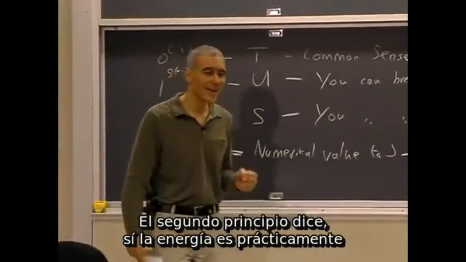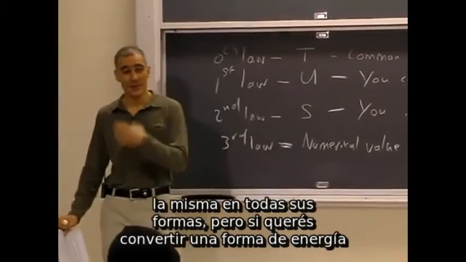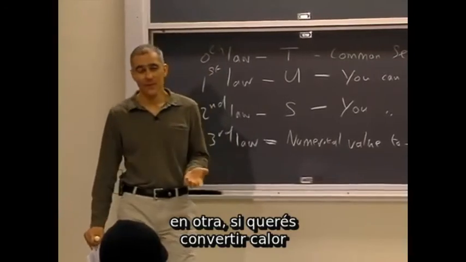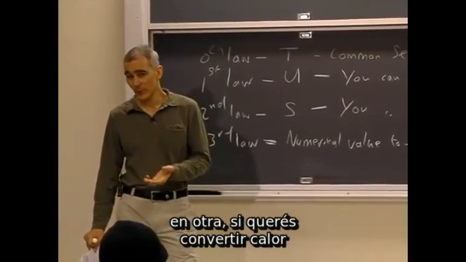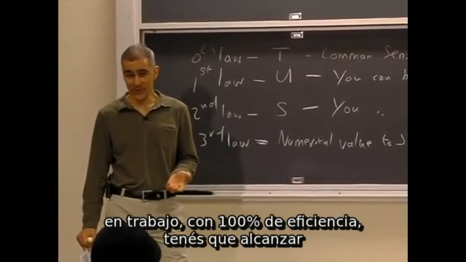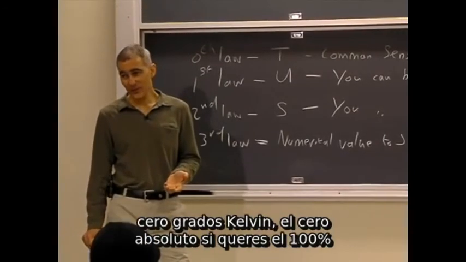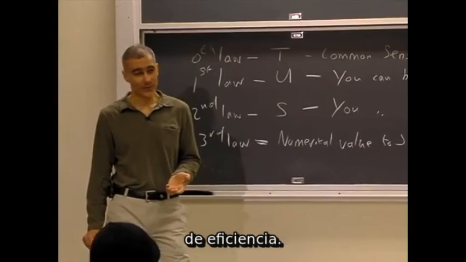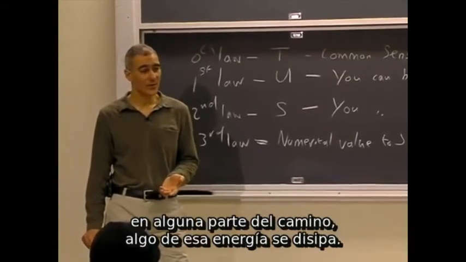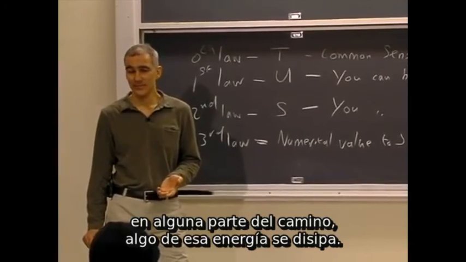The second law says, yeah, energy is pretty much the same in all its forms. But if you want to convert one form of energy into another, if you want to convert heat into work with 100% efficiency, you've got to go down to 0 degrees Kelvin, to absolute zero. Otherwise, you're going to waste some of that heat somewhere along the way, some of that energy.